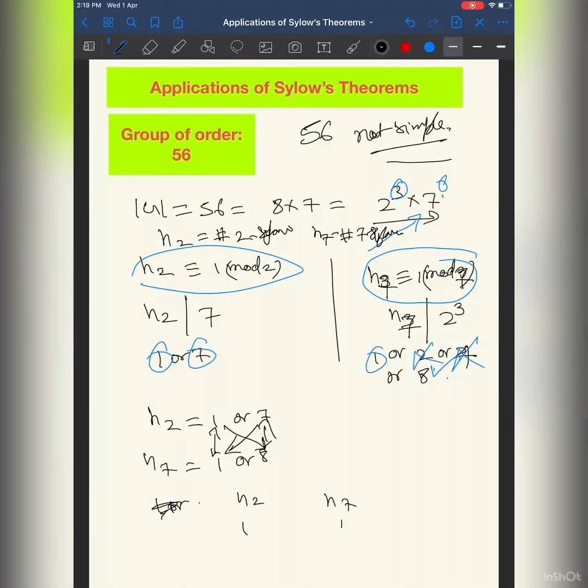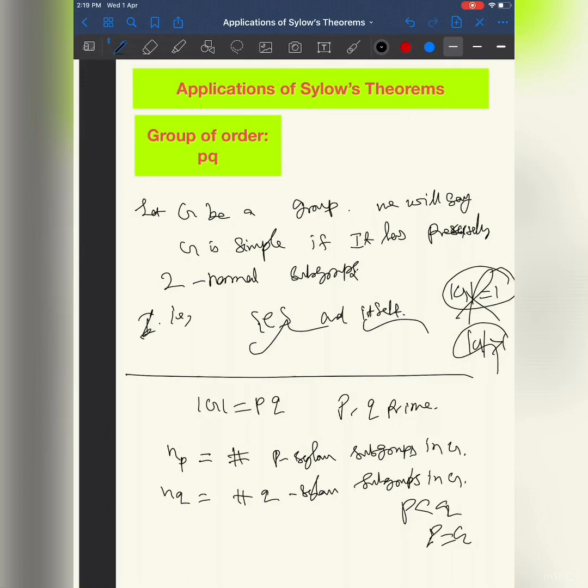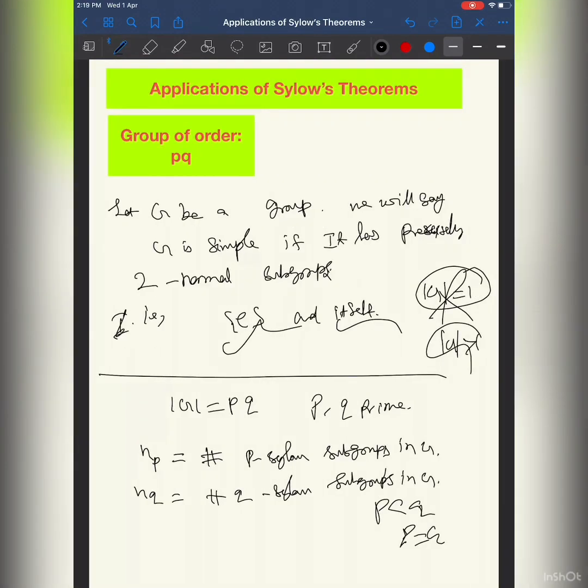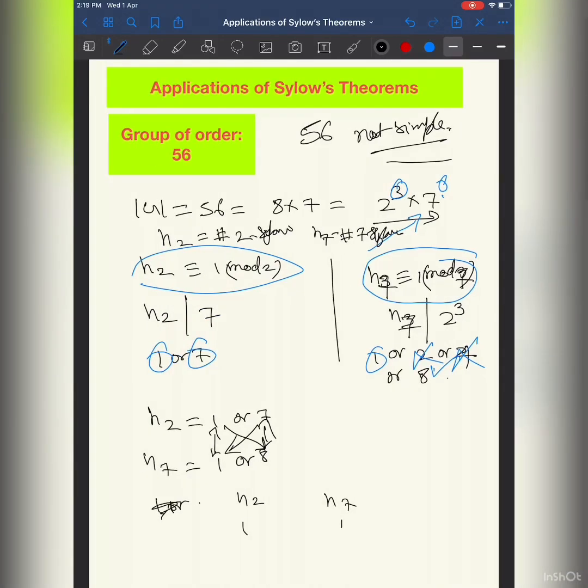In the last video I also mentioned that we wanted to get a proper subgroup to say not simple, and here also I wanted to show not simple. Any other PQ is not simple. I have to give a proper subgroup which is not trivial, not full, and unique implies normal.